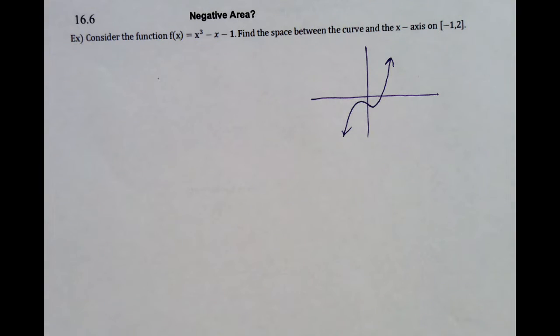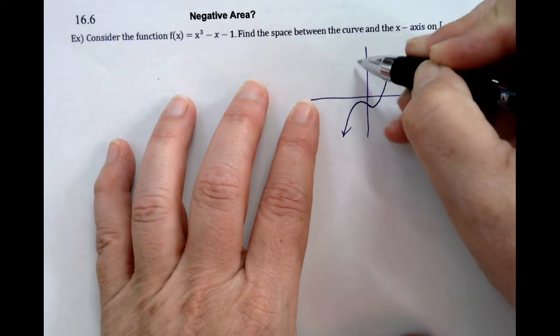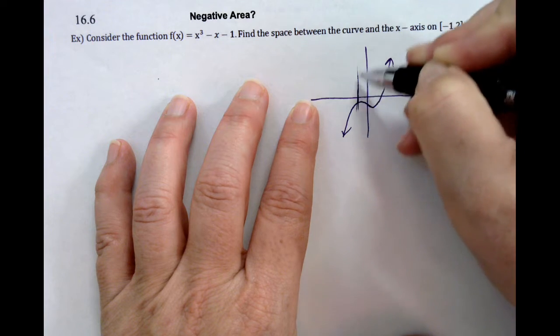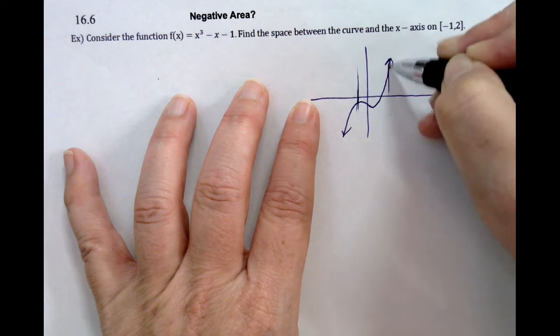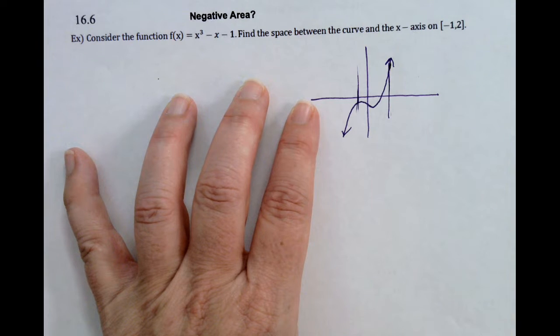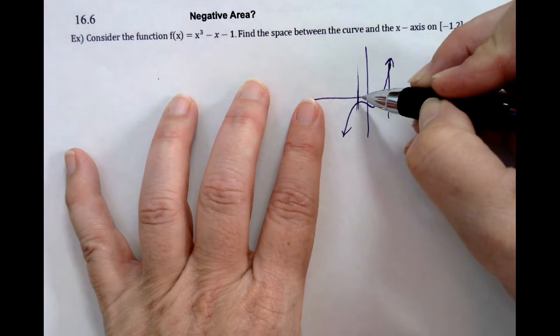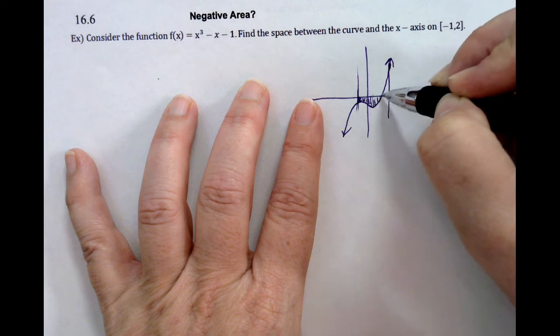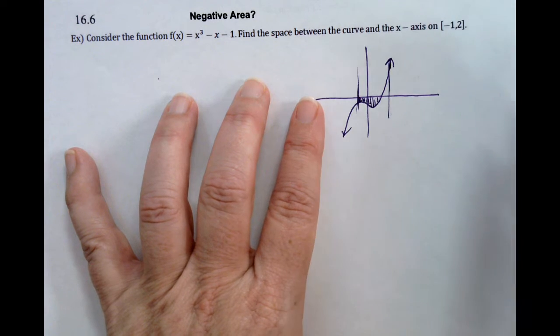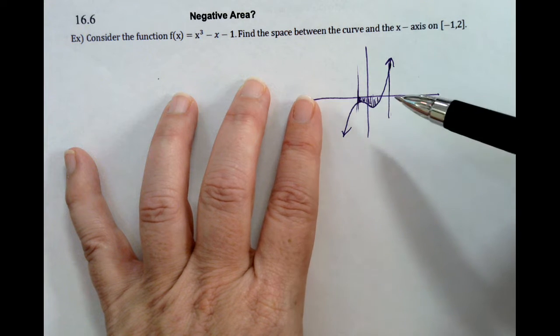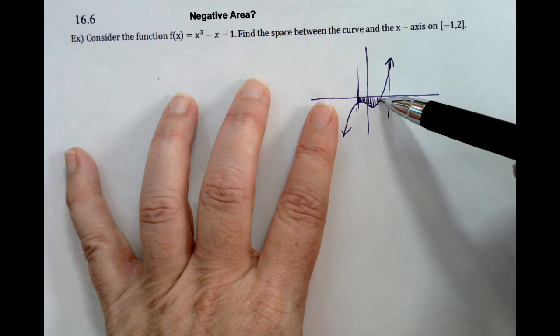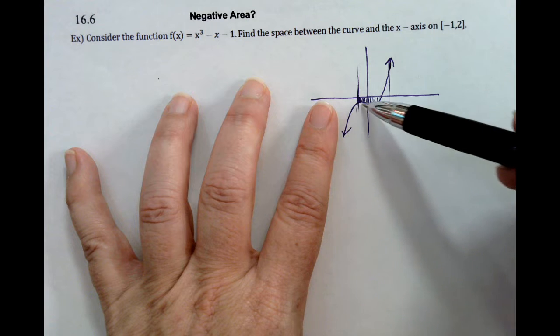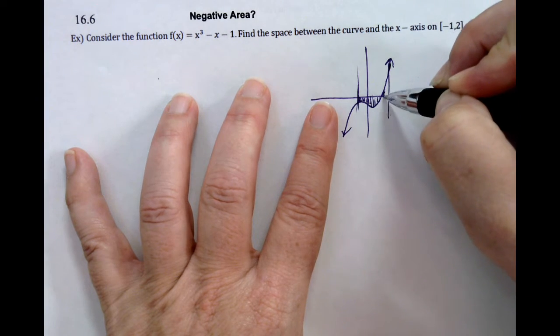And I want to find the area from -1 to +2. Right? If I integrate to find that area, and so far that's our only way of finding the area, I have to consider that this part is going to end up being negative and this part positive.